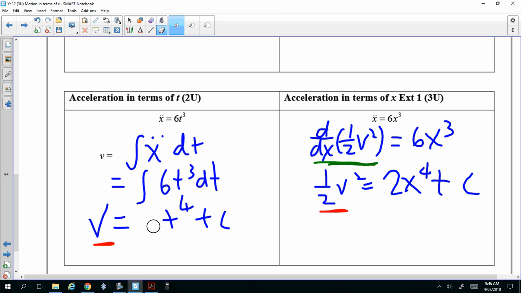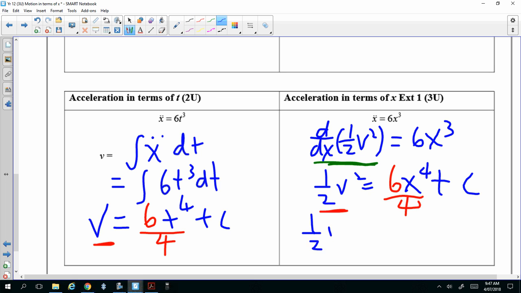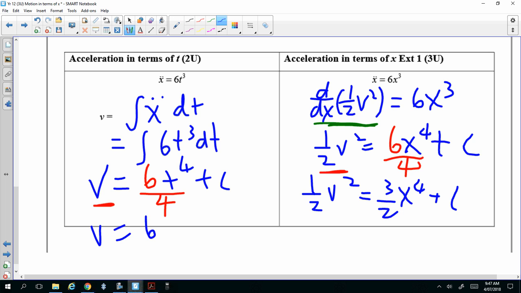This will be v equal to 3 over 2 t to the power 4 over 2. Okay, so note the differences and similarity between them.